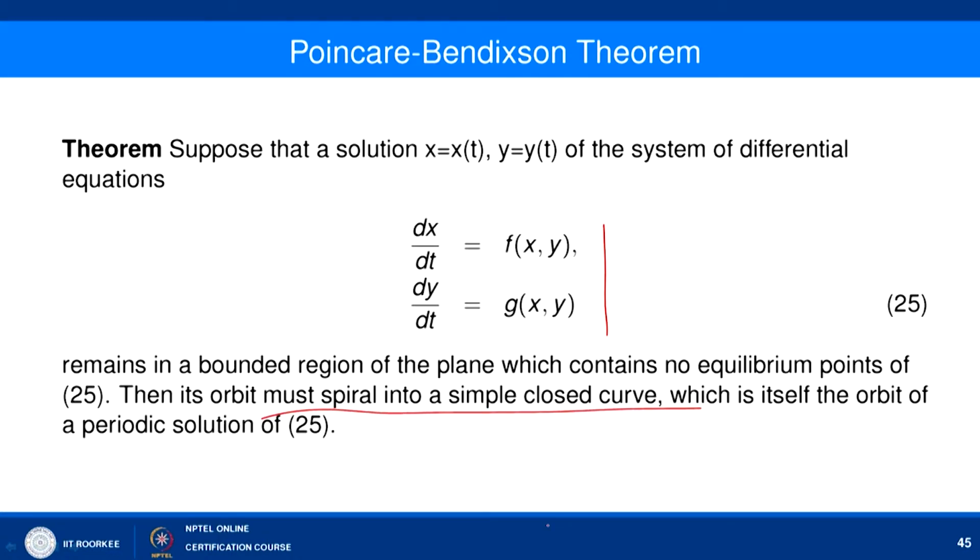That simple closed curve is itself the orbit of a periodic solution of (25). So, that gives you the existence of a periodic solution, as well as the extra phenomenon that the orbit must spiral into a simple closed curve, which corresponds to a periodic solution of (25).